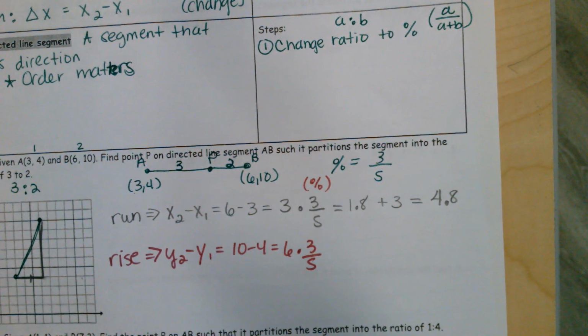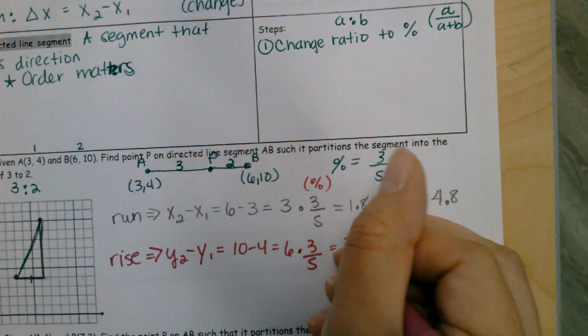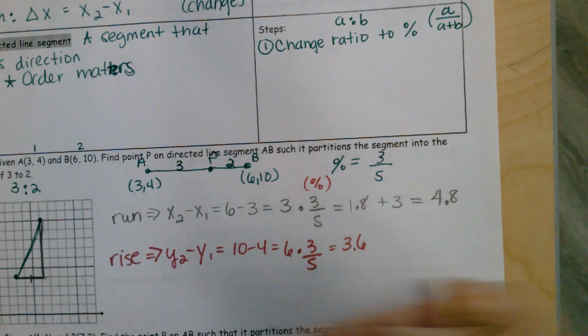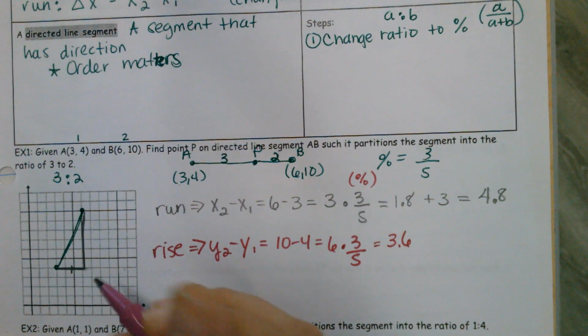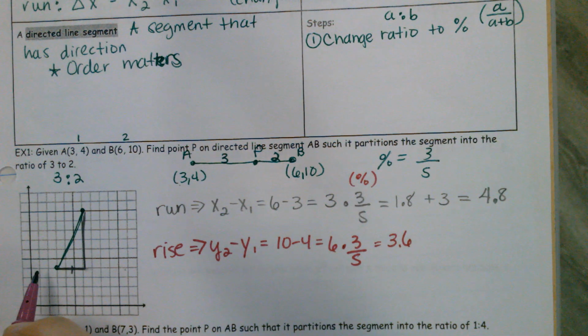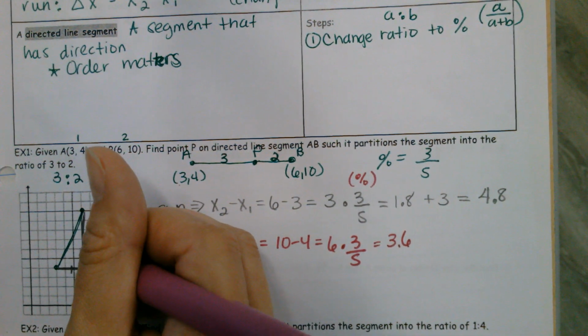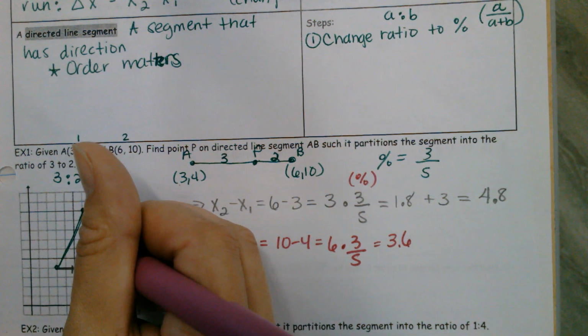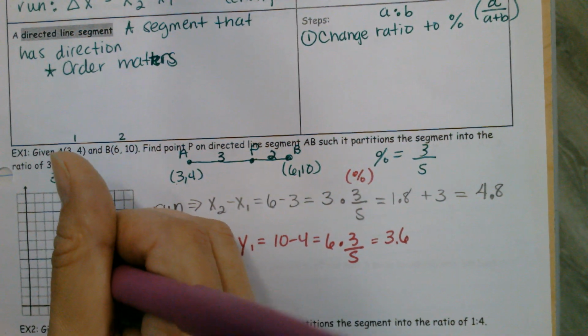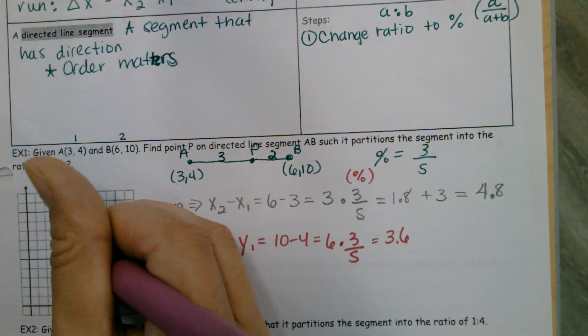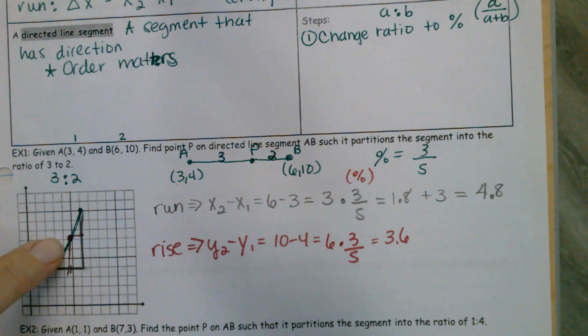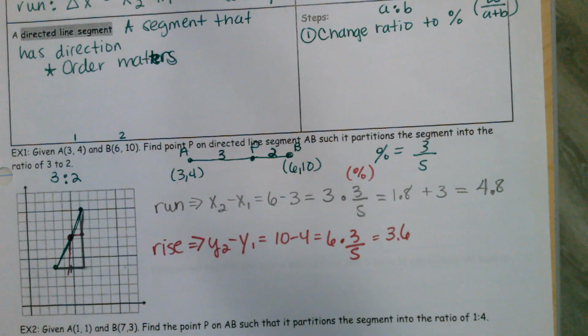Yep, 3.6 is what I got. So that is my total way that I'm going, and I'm adding it to my original point. So I'm going to go up 3.6. I think that's right there, and hopefully I end up at the same point. I mapped it out on my graph to see if that looks right.